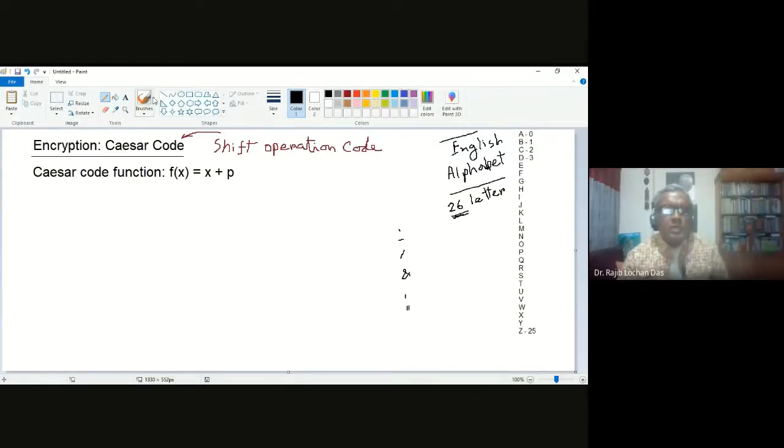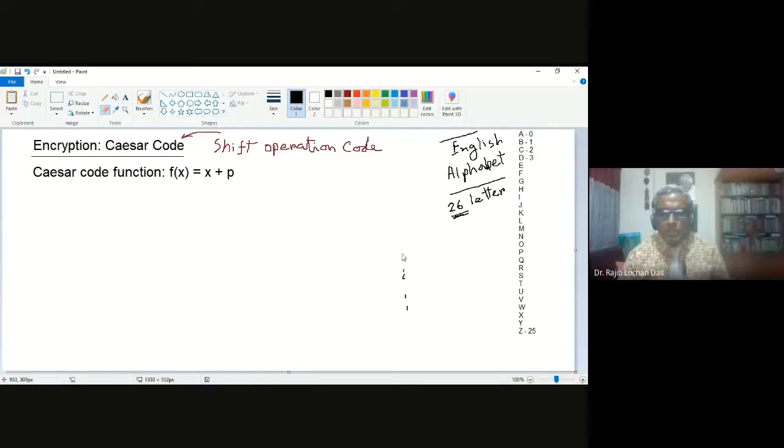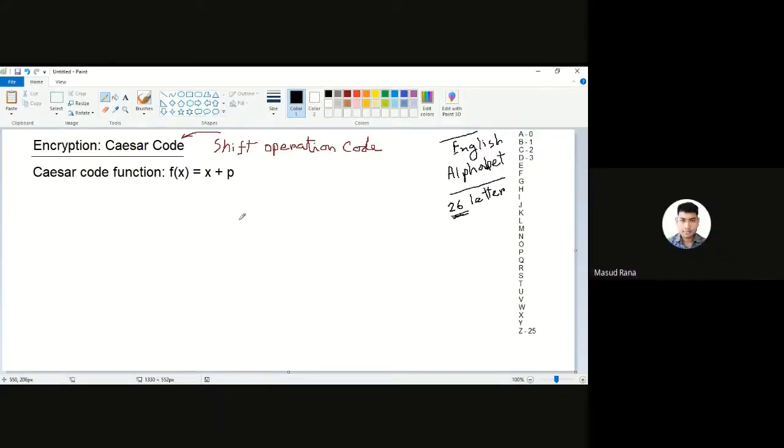If you include all the Unicode characters, that will be even more. That is not our consideration today. And in the exam also, I will consider only the English alphabet, 26. I'm just telling you to understand.